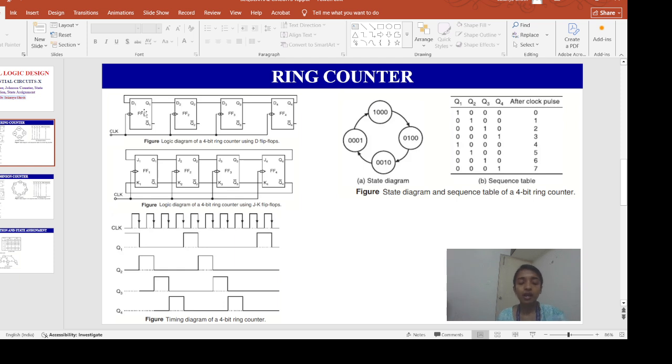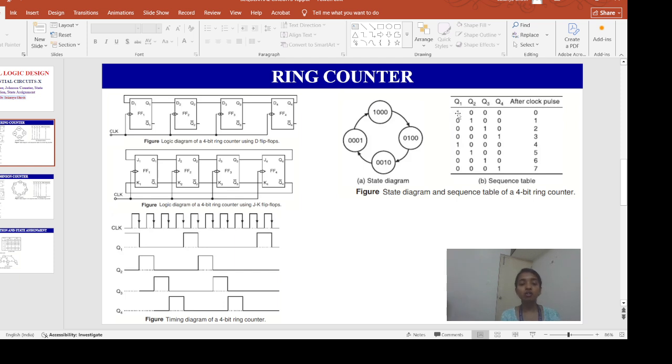So in most instances there is only a single one in the register, and it is made to circulate around the register as long as the clock pulses are applied. Initially let us consider that the first flip-flop is set to 1. If we write the sequence table, this is my first flip-flop, Q1, Q2, Q3 and Q4.